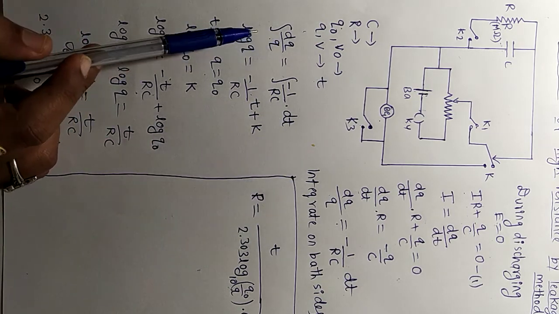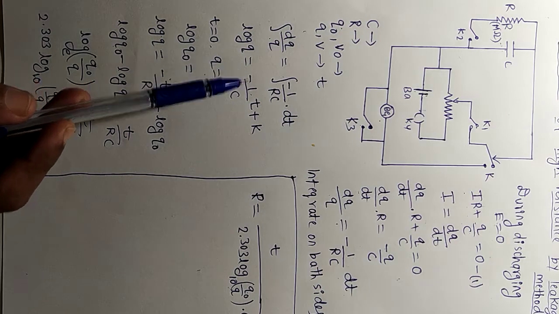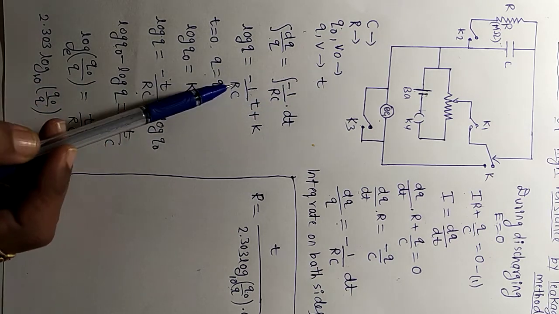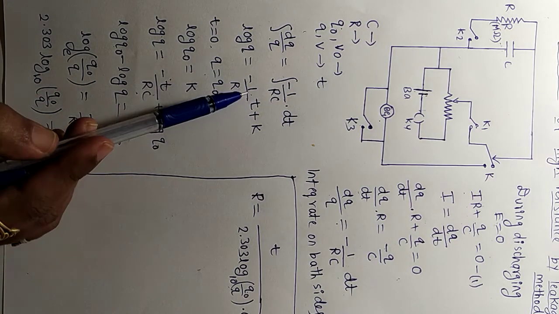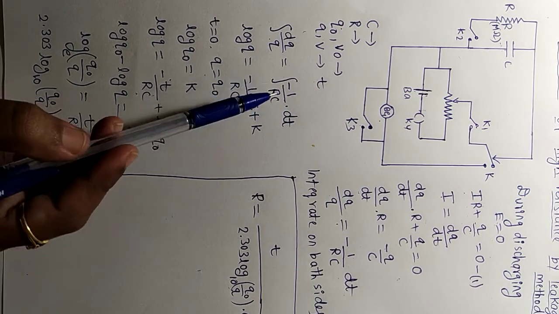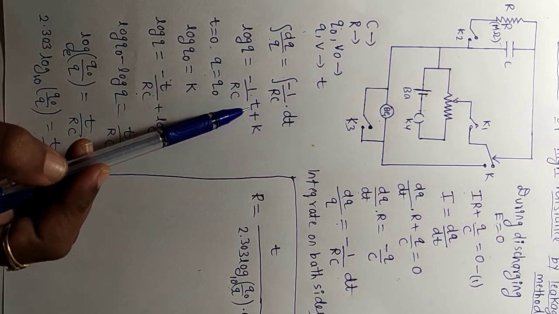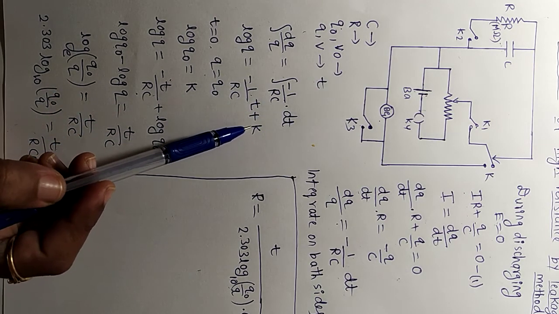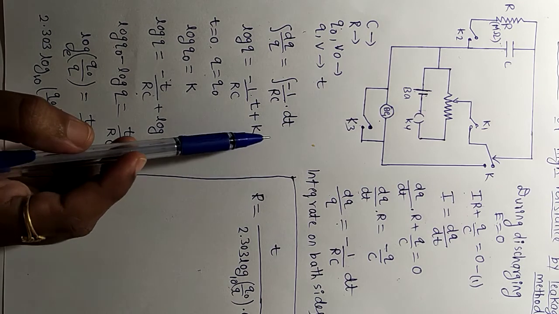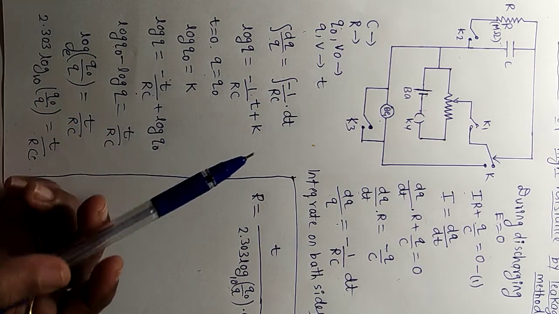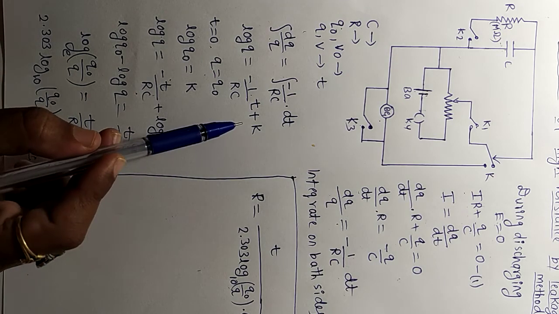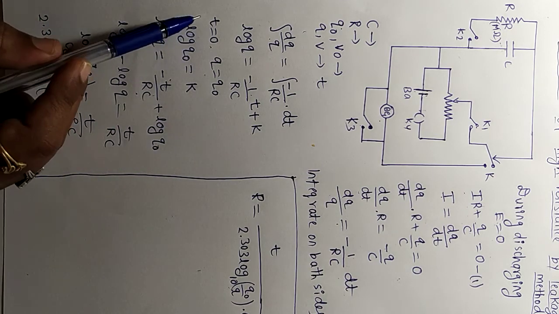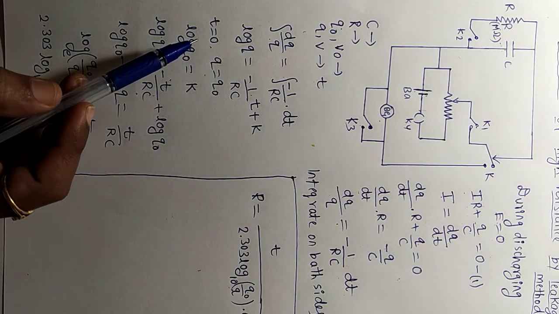So what is the integration of dq by Q? Log Q, which is equal to minus 1 by RC, which is a constant term so I kept it as it is, and the integration of dt is t plus K. K is the integrating constant. Now to find the K value, put t is equal to 0, meaning the time is 0.